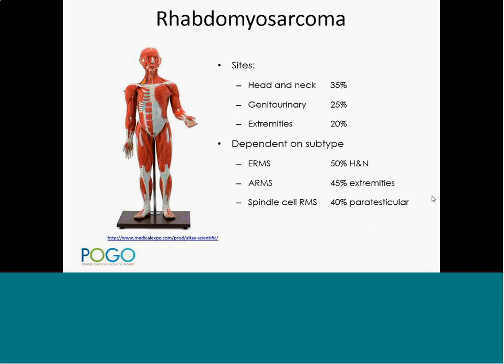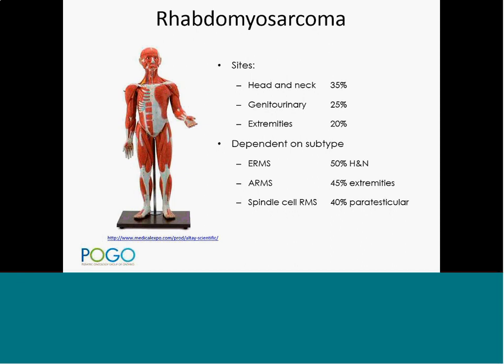Next, please. So the sites that rhabdomyosarcoma tends to involve are evenly distributed between head and neck, genitourinary, and extremities, and it really is dependent on the subtype. So embryonal rhabdomyosarcomas, almost half of them will occur in the head and neck, and a good percentage will occur in the genitourinary tract.